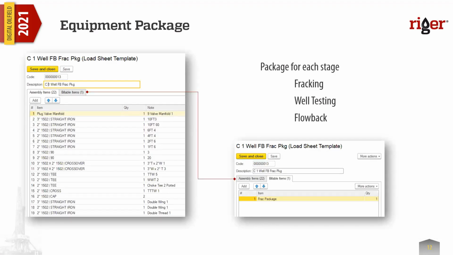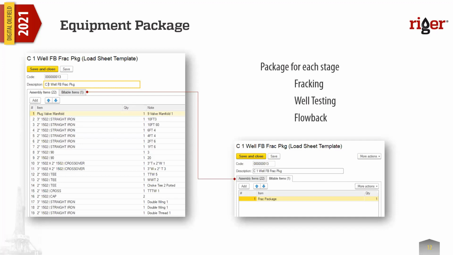Another feature is the equipment packages. To build a package of equipment, or to combine multiple components into one bigger unit that will be shipped to the client, we use a specific document which we call the load sheet template. That's your combination of the equipment, and you can pre-build these packages or create these templates even before you start the job with the client. For example, you know that a particular company uses a specific configuration of the equipment, so you can pre-build this template ahead.